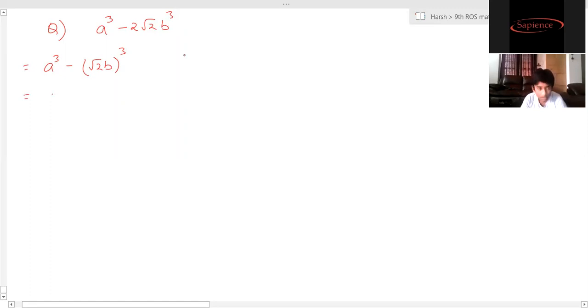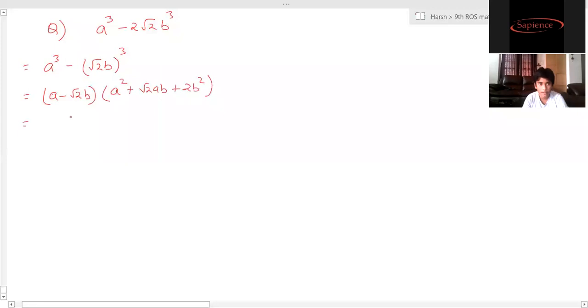So we can write it as a minus root 2b in brackets, and then a square plus a into under root 2ab plus 2b square. That's the answer.